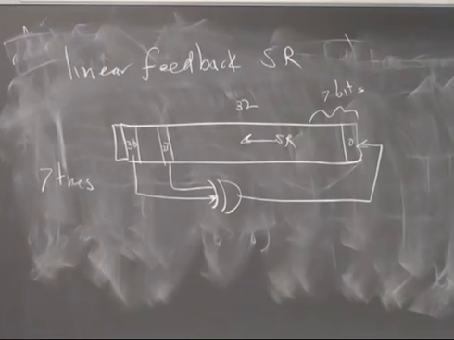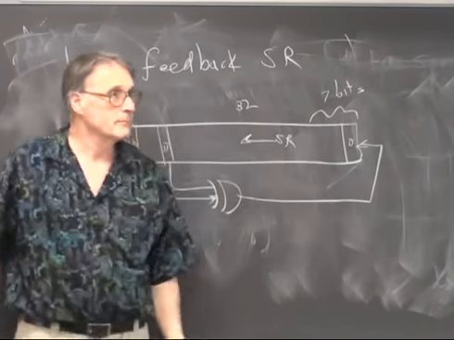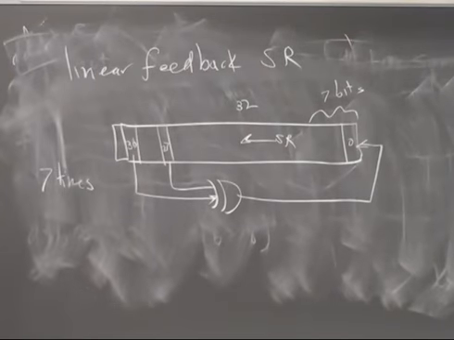Shift it 7 times and you get a brand new 7-bit number out. And so if I want to generate random numbers, I just put something like that in main and let it run at whatever speed main is running. And whenever I need a new random number, I just read the lower 7 bits of it.